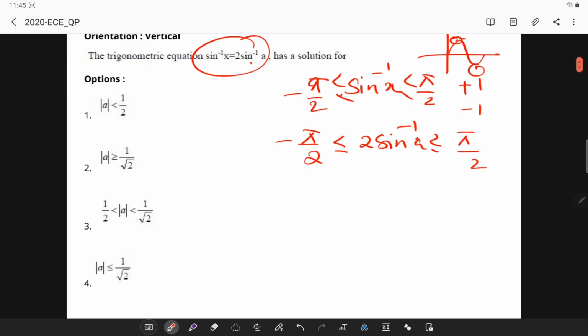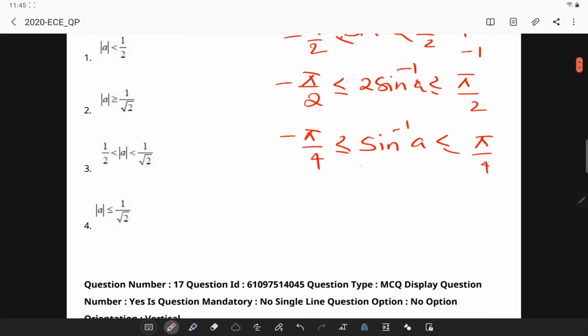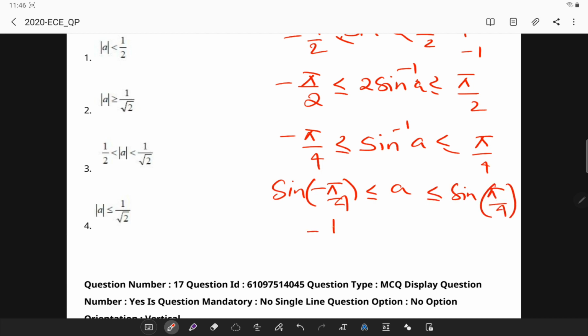Now if I divide the whole inequality by 2, I will be left with minus pi by 4 less than or equal to sin inverse a less than or equal to pi by 4. Now if I apply sine to all parts, sine of sin inverse a is a, and sine of pi by 4, I'll be left with minus 1 by root 2 less than or equal to a less than or equal to 1 by root 2.